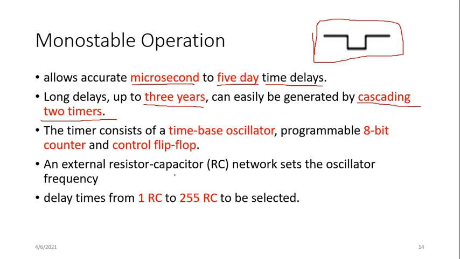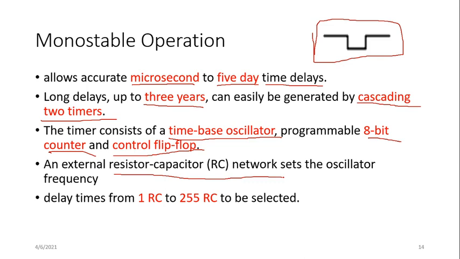What does this timer consist of? It consists of a time-base oscillator which will generate the waveform. 8-bit counter means it will generate 8 different outputs, and it is having a control flip-flop which is driven by trigger and reset. Then it is also having the resistor capacitor network, RC network, which sets the oscillator frequency. We can program it.